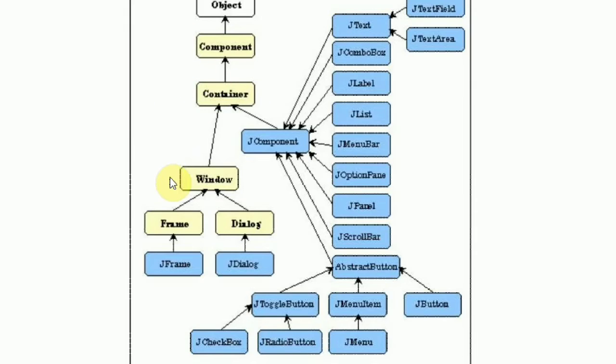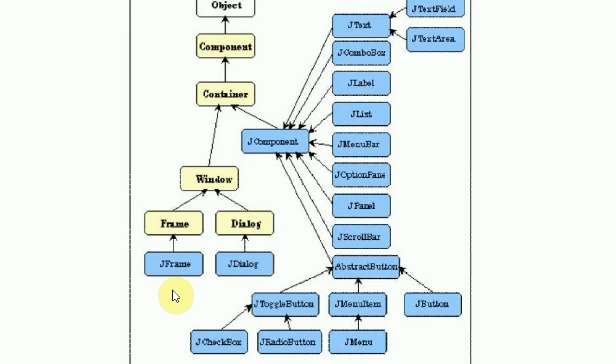Here you can see there are 4 containers. The first one is JFrame, and then you have Window over here, and then you have Dialog, and then you have JApplet. All these are the 4 containers, wherein JFrame is mostly used for creating Swing applications, and JApplet is used for creating applets.